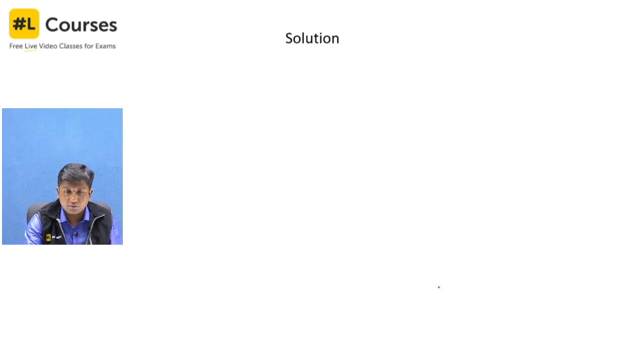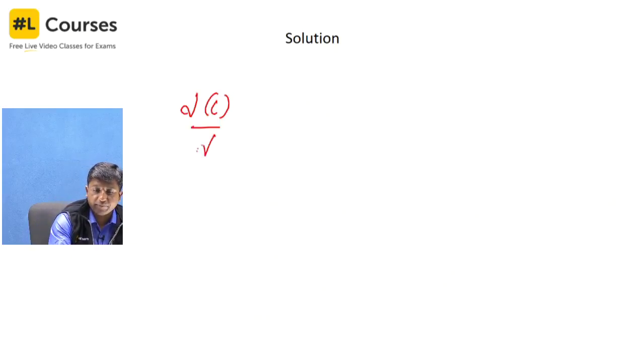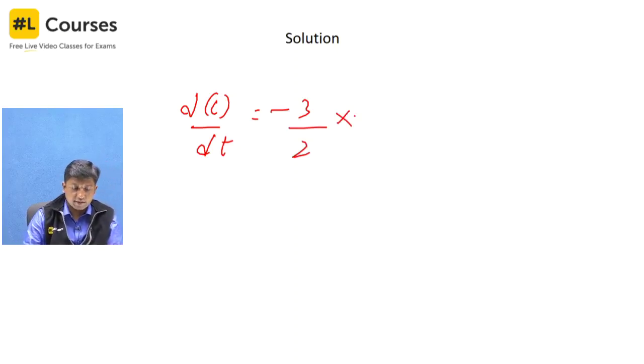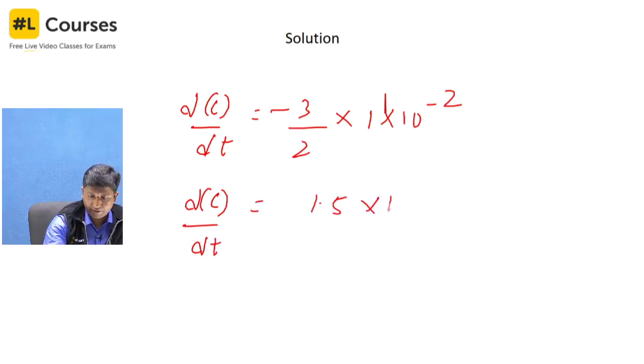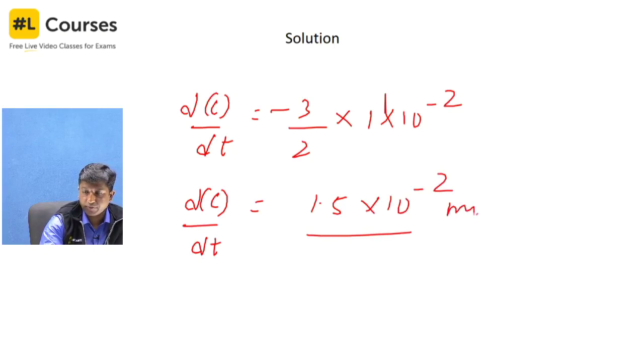Now, dC/dt will be equal to minus 3/2 into, they have given, the rate of disappearance of B, that is 1 into 10 power minus 2. If you calculate this, you are going to get the final answer as 1.5 into 10 power minus 2 mole per liter per second.